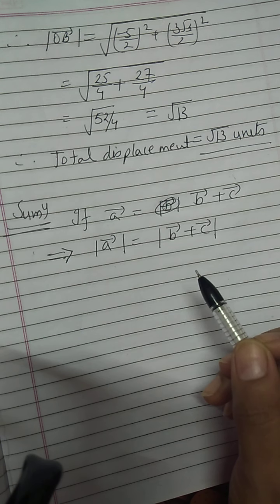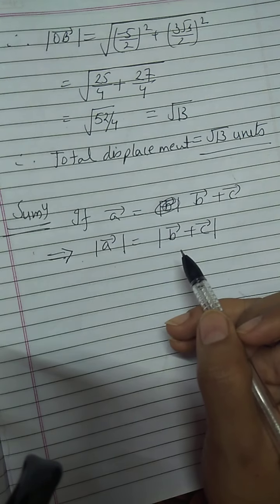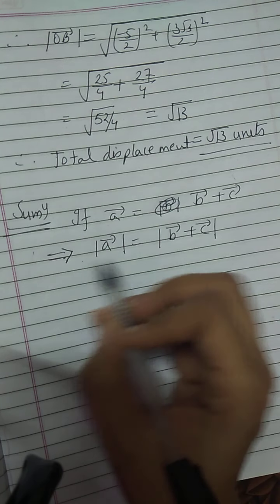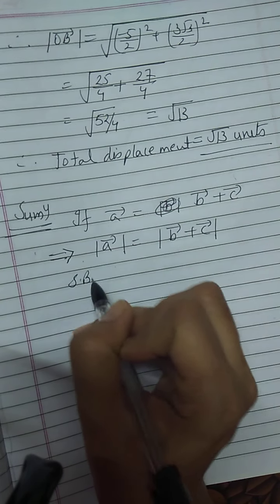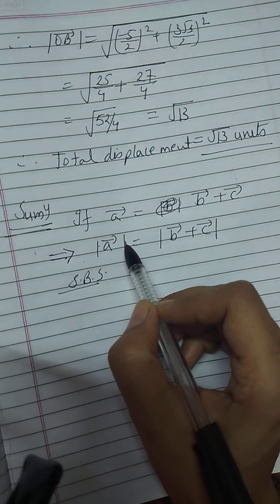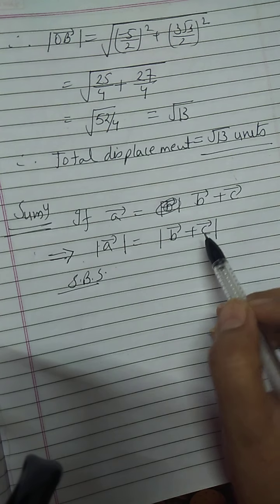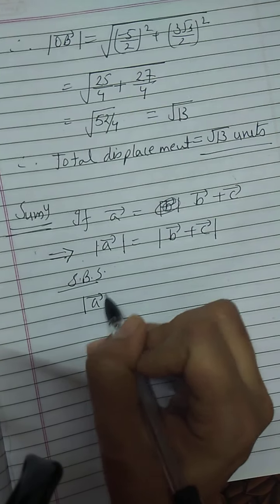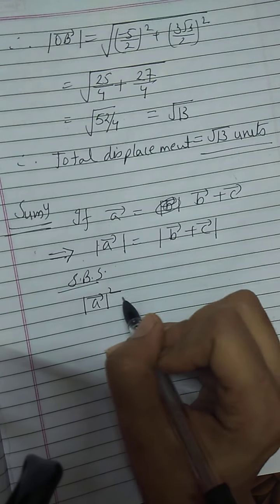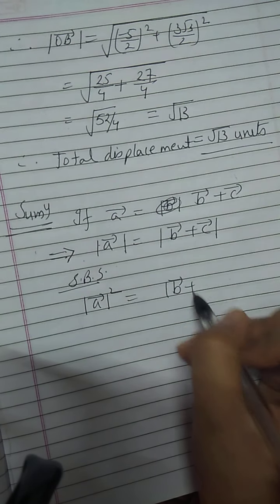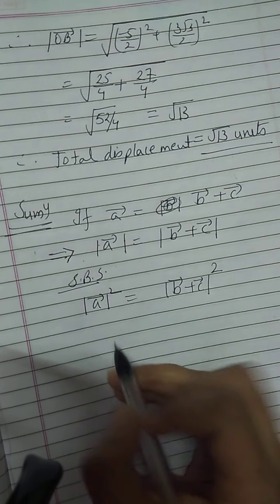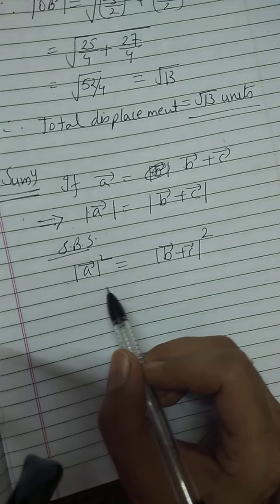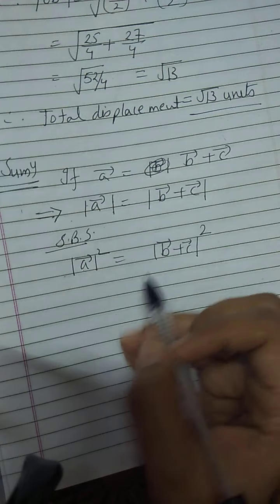So for that, let us square both sides. If I square both sides after taking the modulus, where modulus means we are taking the magnitude, this will be vector A squared equals the modulus of vector B plus vector C, whole squared. The modulus of vector A squared is actually just A squared.